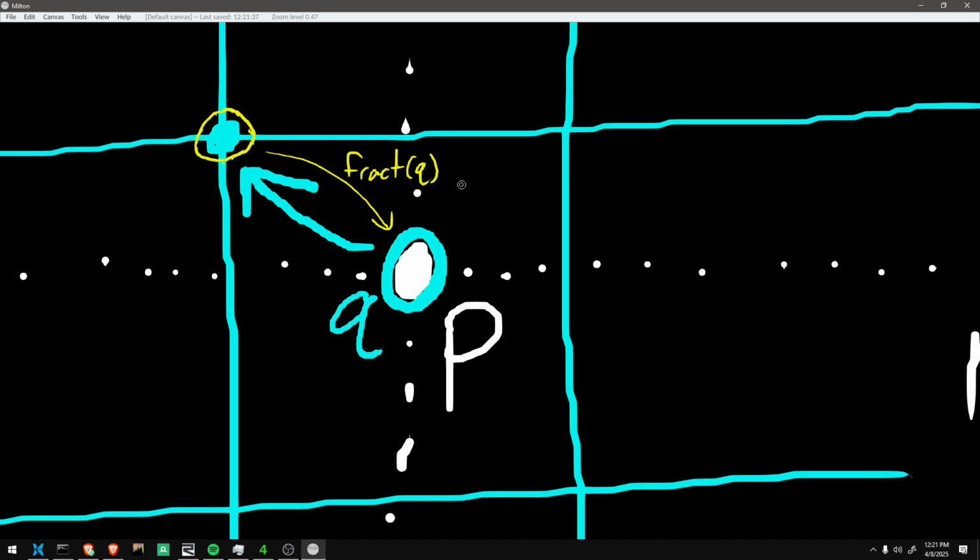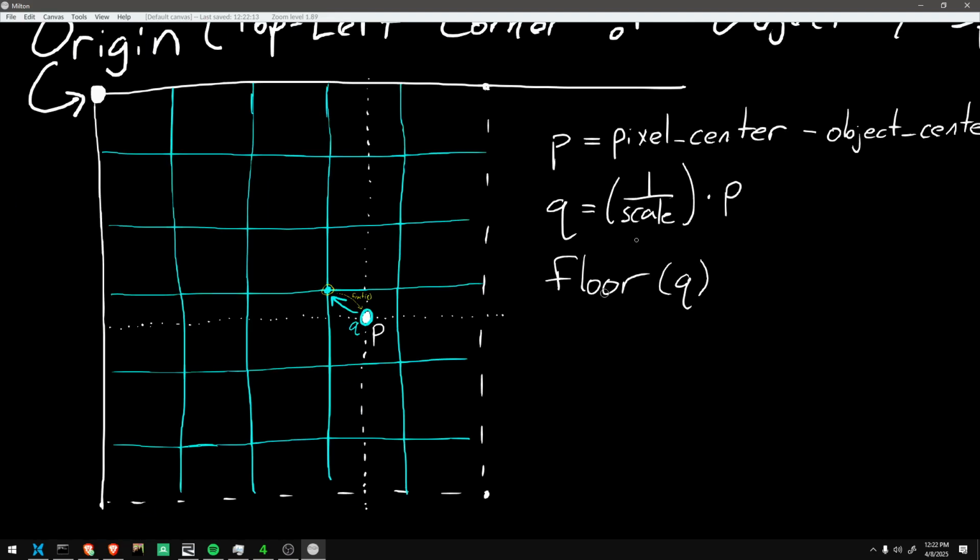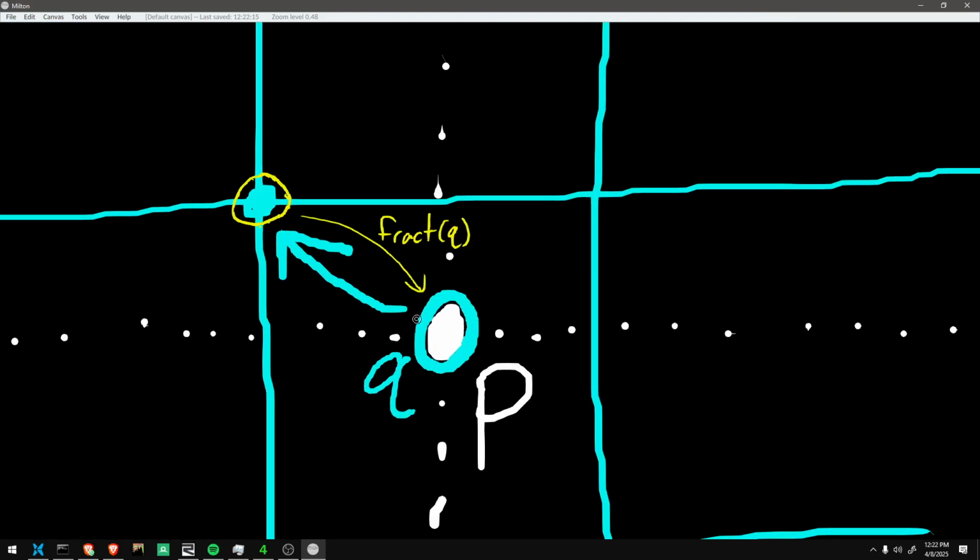And what we do is we ask, okay, this is how far over and how far down you have to go from the top of the large pixel. So this gives us a coordinate for the large pixel. When we take the fraction, what we are getting is how far into the pixel we are. And then if we multiply that by the scale factor again, what we'll get is how many real-world physical pixels we've moved to the right and down from here.